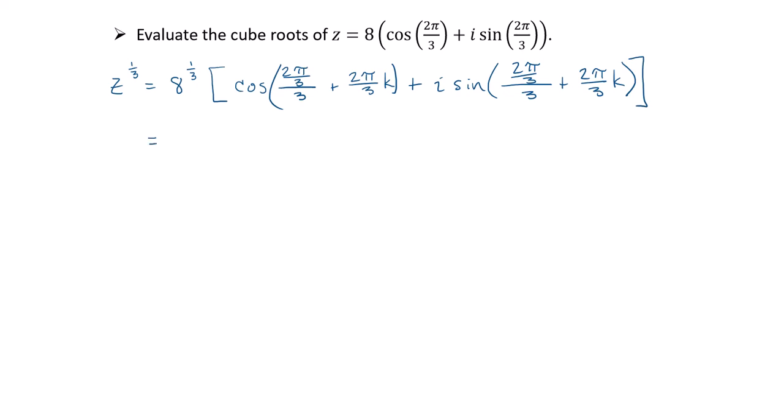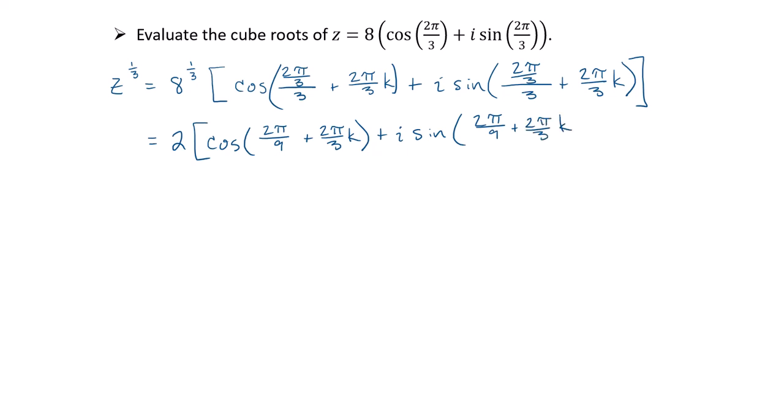Simplifying this, we'll have 2 times the cosine of 2 pi over 9 plus 2 pi over 3 k plus i sine of 2 pi over 9 plus 2 pi over 3 k.